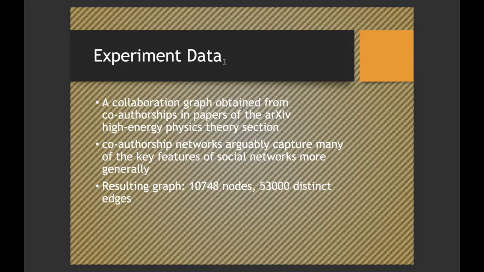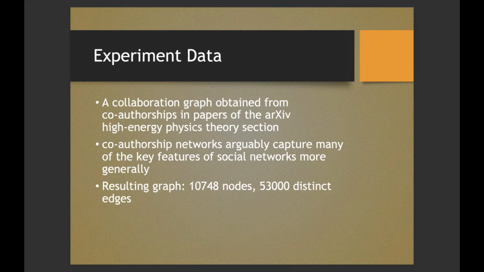Each node in that graph will represent a researcher. Connecting edges will represent the papers that they have co-authored together. This way, the resulting graph had about 10,748 nodes, aka that many researchers, and 53,000 distinct edges, meaning that many distinct papers that they have co-authored together.